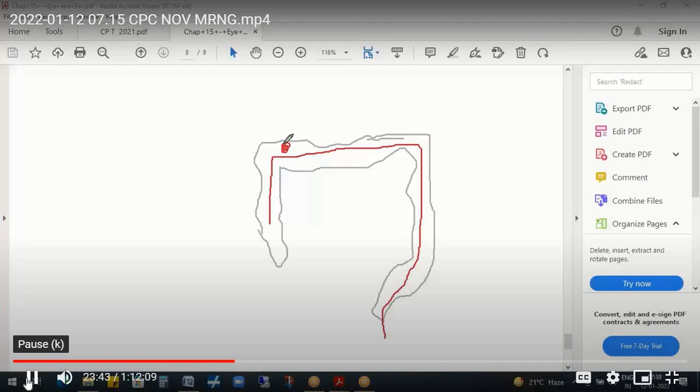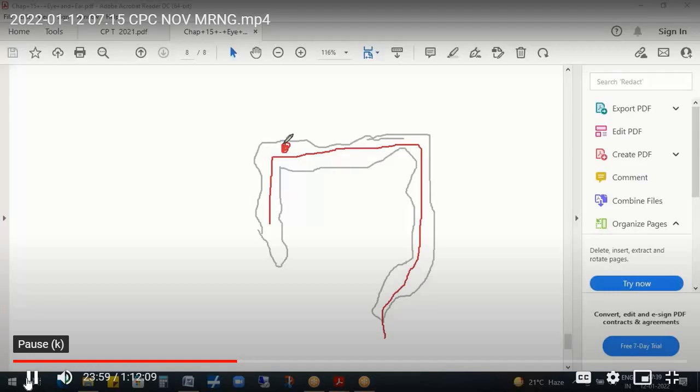See, first, what we need to find out? Type of scope. Next, what we need to find out? Route of approach. Third, procedure name. Fourth one, diagnostic procedure or therapeutic procedure.